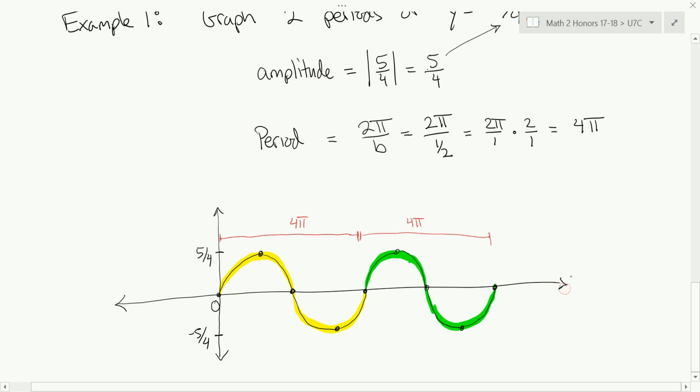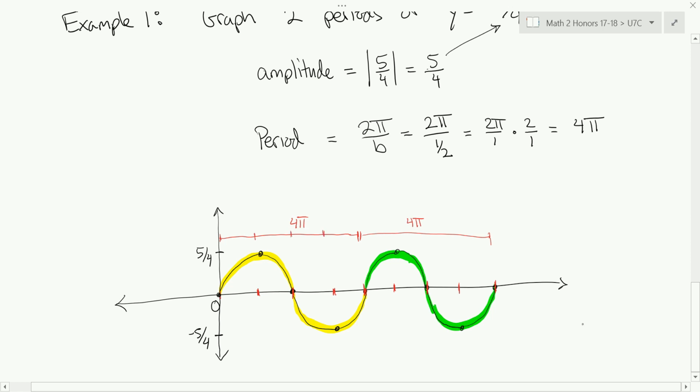And I'm going to put tick marks on the x-axis for the parts that we need to come up with, right? So wherever there's an x-intercept, wherever there's a max, wherever there's a min, I need to come up with all those x values. Okay. The nice thing is these are equally spaced. And one period of that function is broken up into fourths.